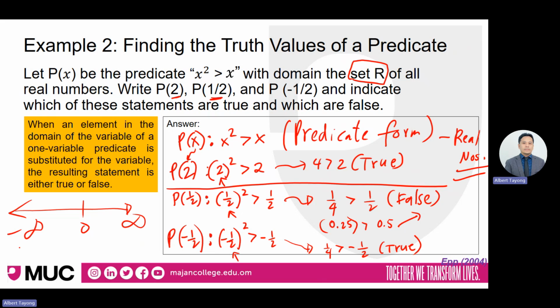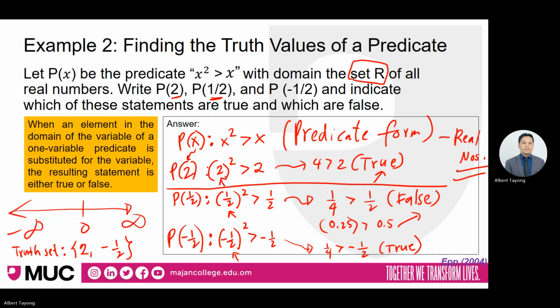So our truth set of the given values: we have 2, because where x is equal to 2 we have true, and the other one is negative 1/2, because when we replace x by negative 1/2, it becomes true. So that's the meaning of truth set. A truth set is a set that contains all the values that make our predicate form true.